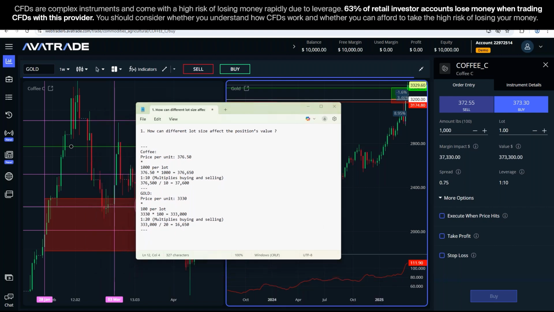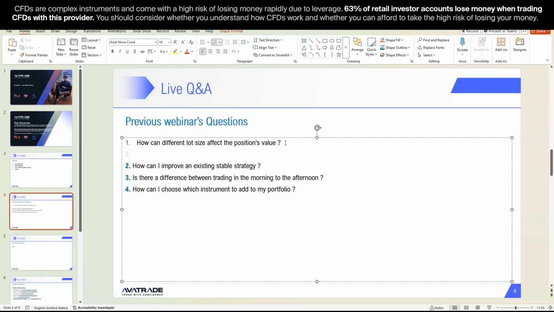So we'll write down the answer for that. A different lot size has, let's begin with first of all, what is one lot? A lot is a measuring unit.